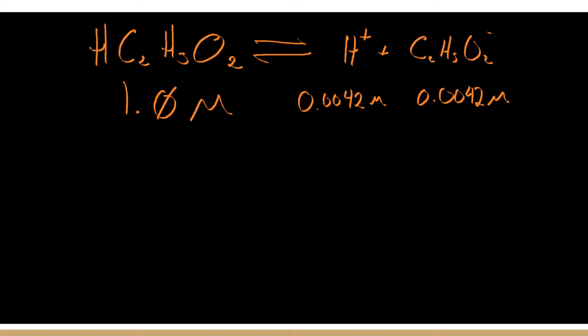So you're also going to have 0.0042 molar H plus floating around in solution, and 0.0042 molar acetate ion floating around in solution. It's a 1-to-1-to-1 relationship, so you're going to have the same concentrations of H plus and acetate in this step.